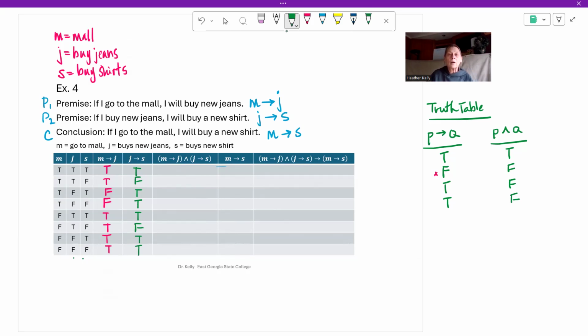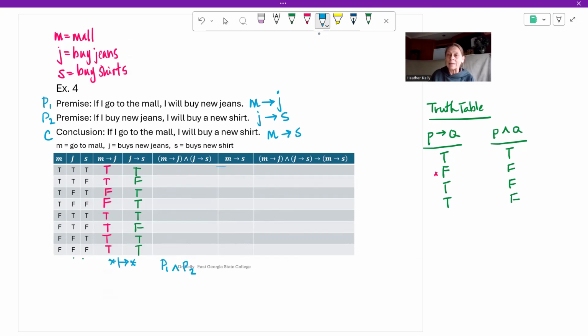Okay. Now we have to put the two premises together. This is premise 1 and premise 2. So now we're going to do these two guys, and we're going to go in this direction. Okay. So we're doing the and now.